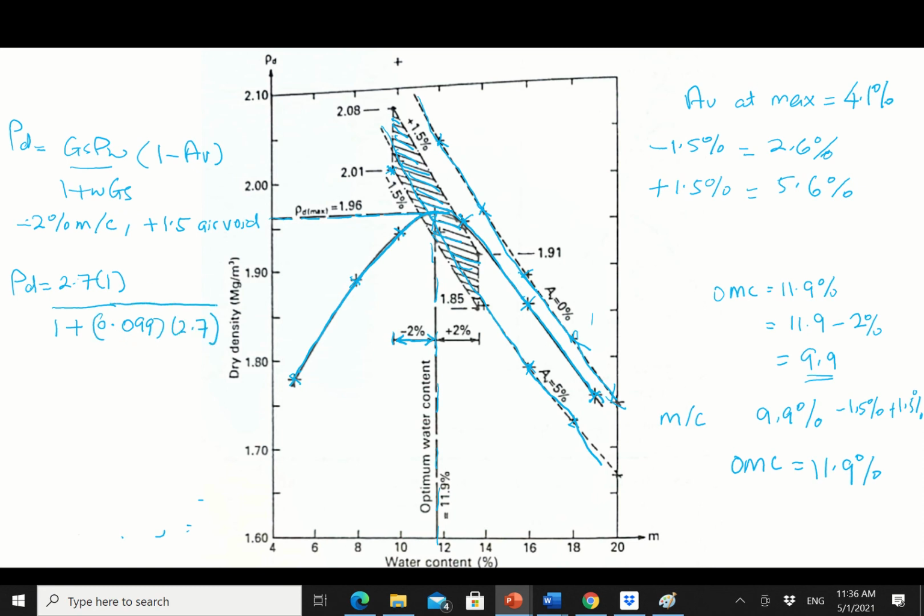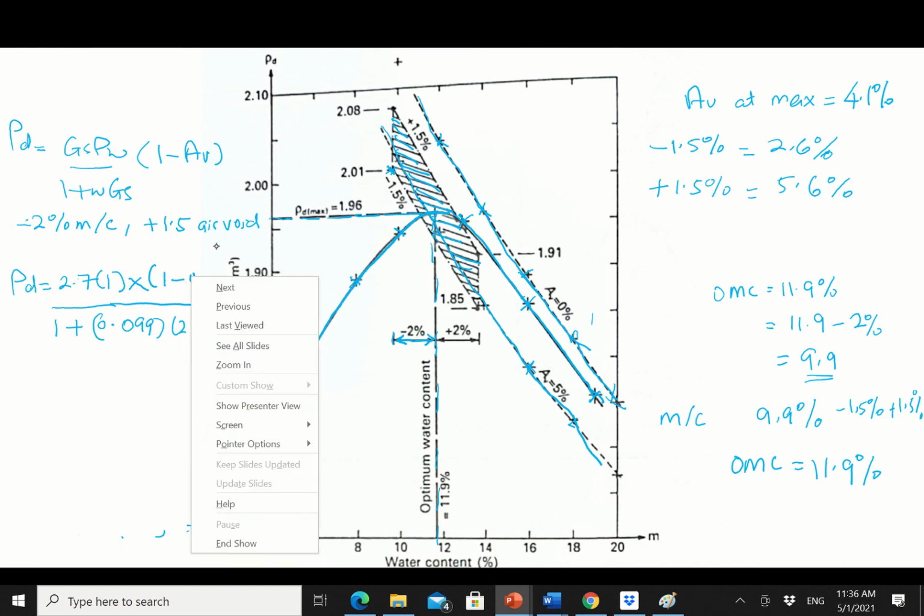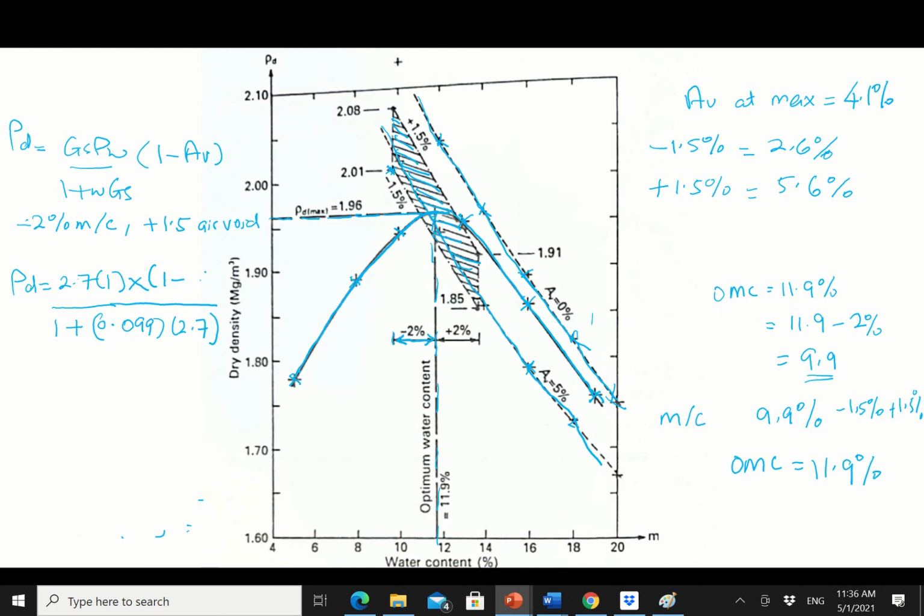Because right now I'm considering plus 1.5% air void, that will be multiplied by 1 minus 0.026. Then you need to calculate this value. For negative 2% at positive 1.5%, I get 2.08 megagram per meter cubed.